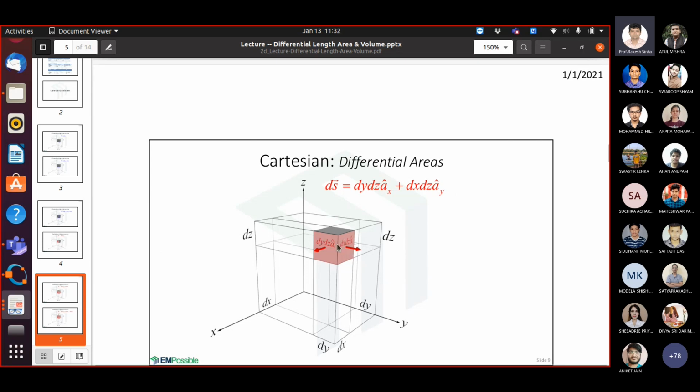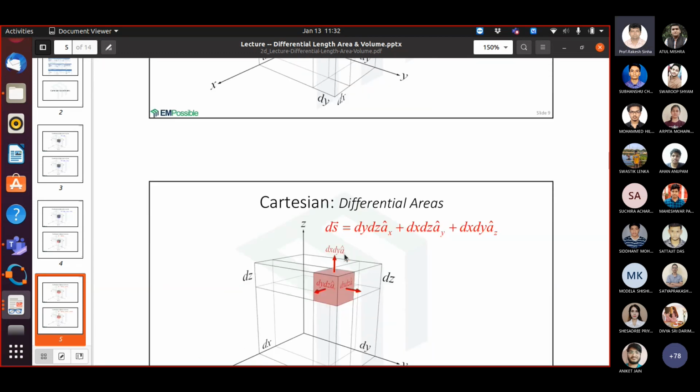The resultant direction should obviously be in the middle, basically the diagonal of the xy surface. And if I add all three differential areas, the resultant direction will be the diagonal of the cube.